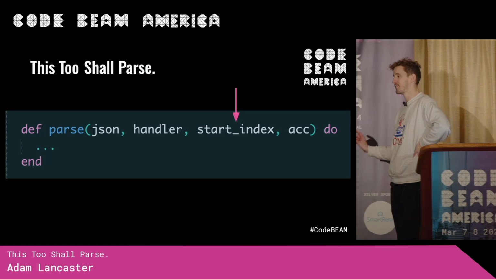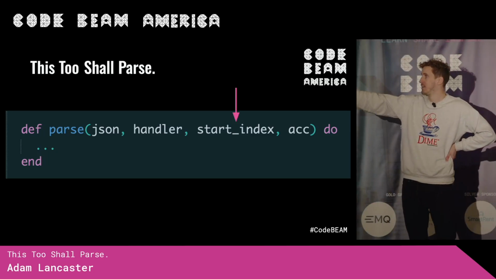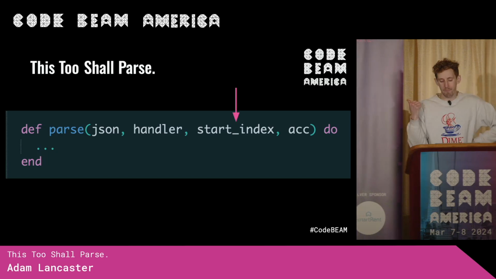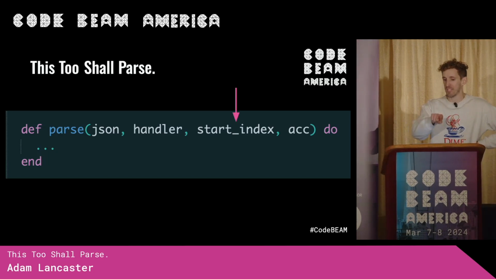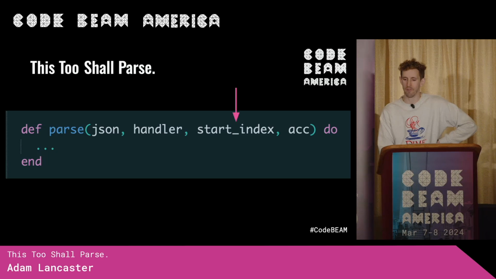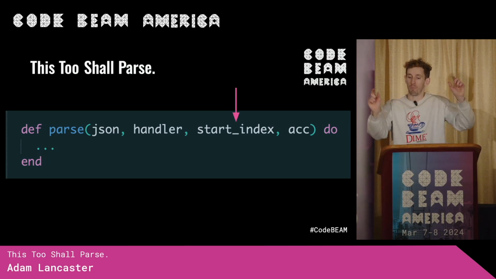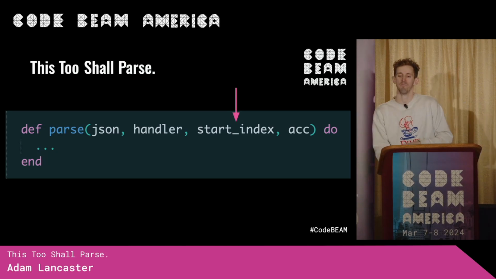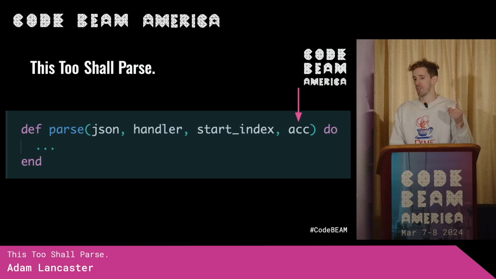This is the index of the head, the first byte of that JSON that we're parsing. I think it'll make more sense why we have that in a minute when we look at the other stuff. We're basically maintaining a pointer to the thing that we're looking at in that JSON as we parse it, right? And then we have an accumulator, which is the result of the handler function. So it's kind of like the DOM we're building.